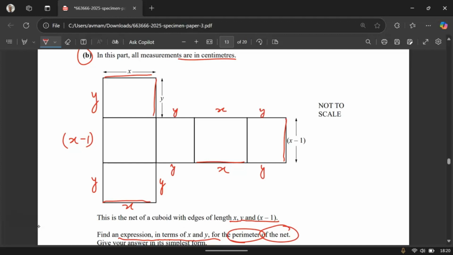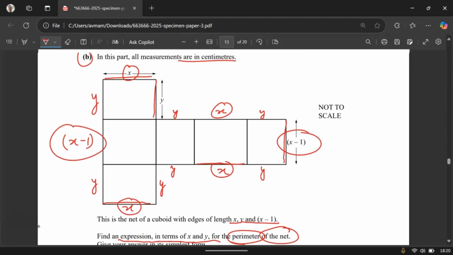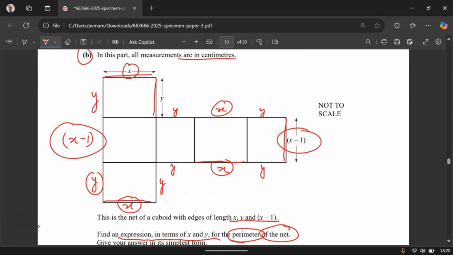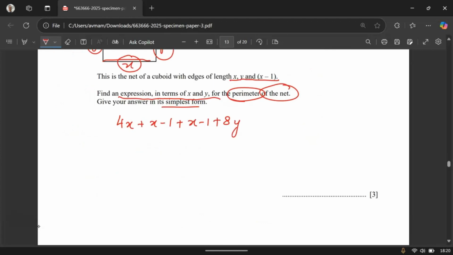So let's count how many x's are there. 1, 2, 3, 4. 4x plus x minus 1 plus x minus 1. Let's go back and count the y's. 1, 2, 3, 4, 5, 6, 7, 8, plus 8y.